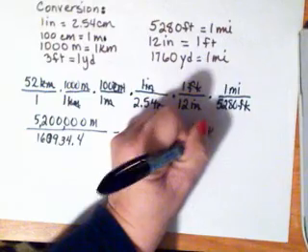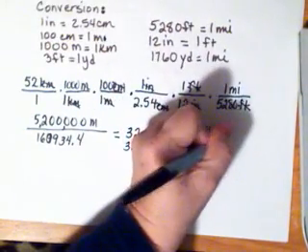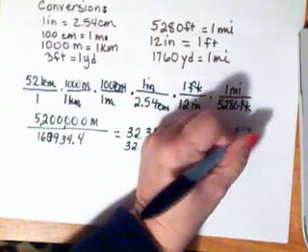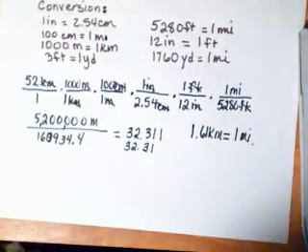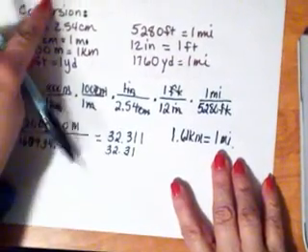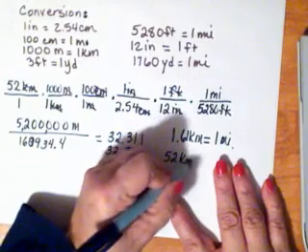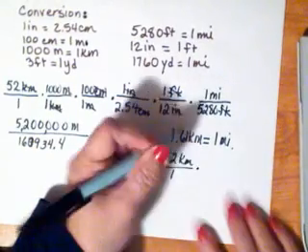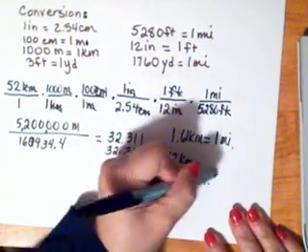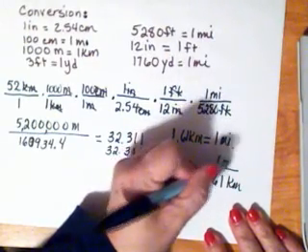Now, I'm going to use a direct conversion factor here because I also know that 1.6 kilometers or 1.61 kilometers equals 1 mile. So I know that. So if I start out with what I know to begin with up here, 52 kilometers over 1, and then here I have 1.61 kilometers in 1 mile.